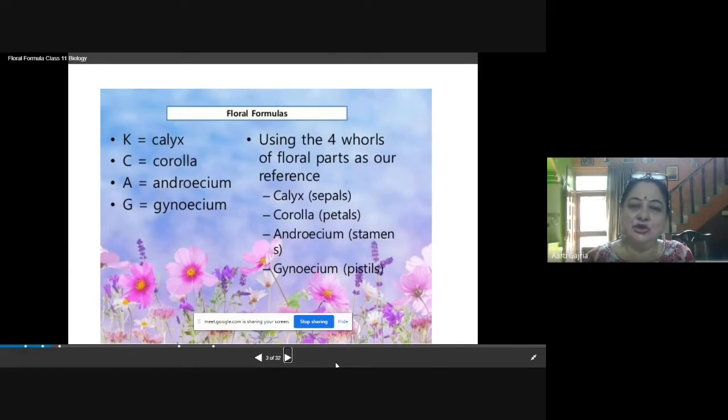Androecium is capital A and gynoecium is capital G. So remember: capital K is the symbol for calyx, capital C for corolla, capital A for androecium, and capital G for gynoecium.